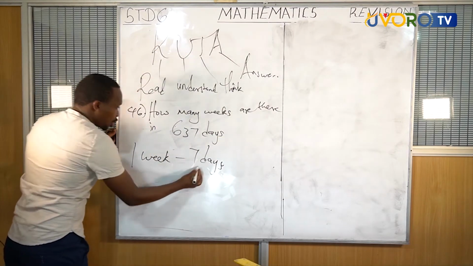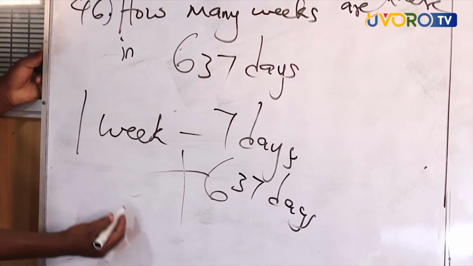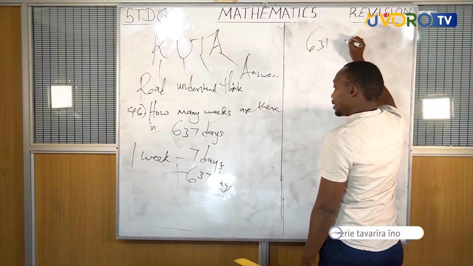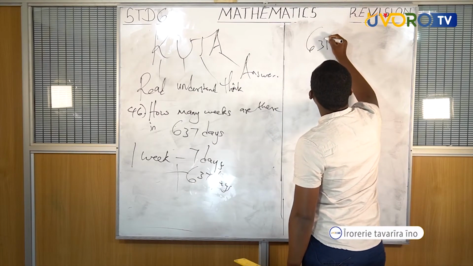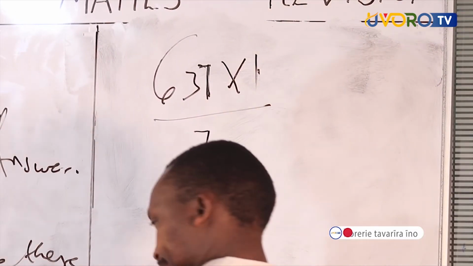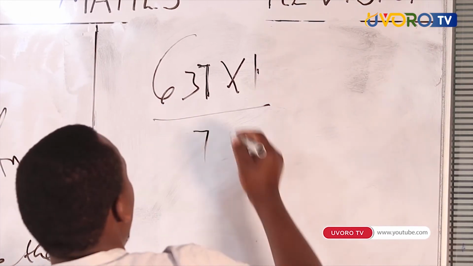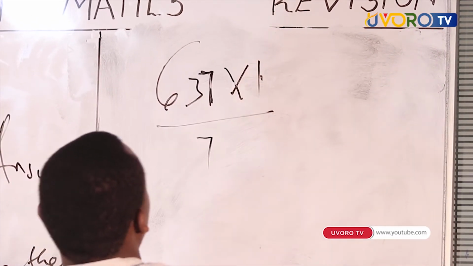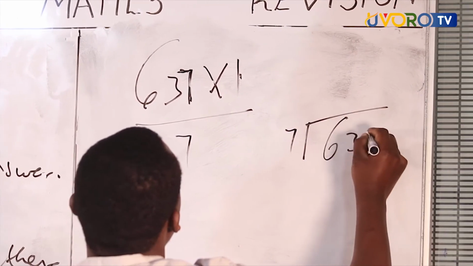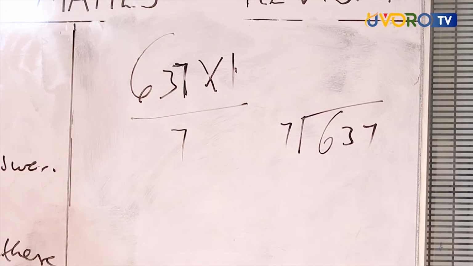What about 637 days? Cross multiply. 637 times 1 all over 7. Now, you need to divide. 637 divided by 7. 7 times what equals 63?